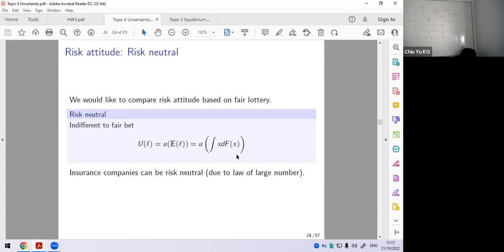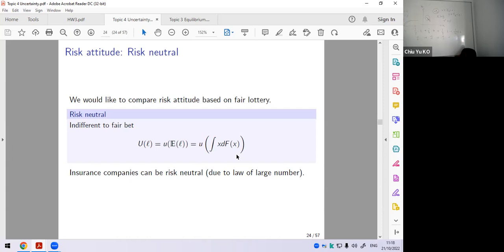So to you, a fair bet, you're happy to do it or not do it. And you will not buy insurance, because insurance is unfair. And you don't go to a casino either, also unfair.